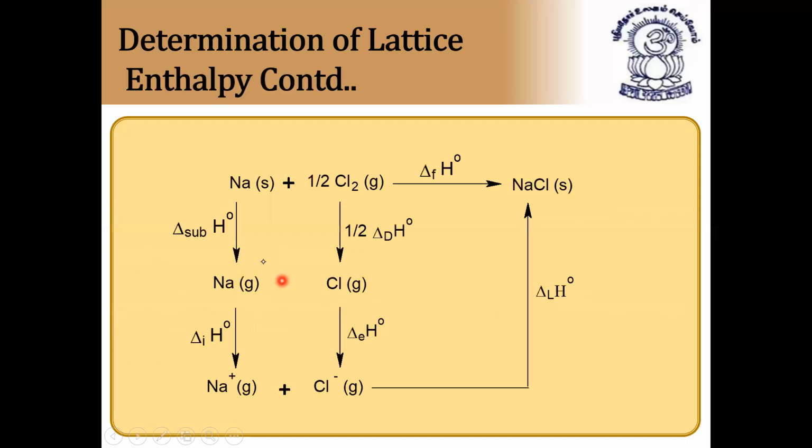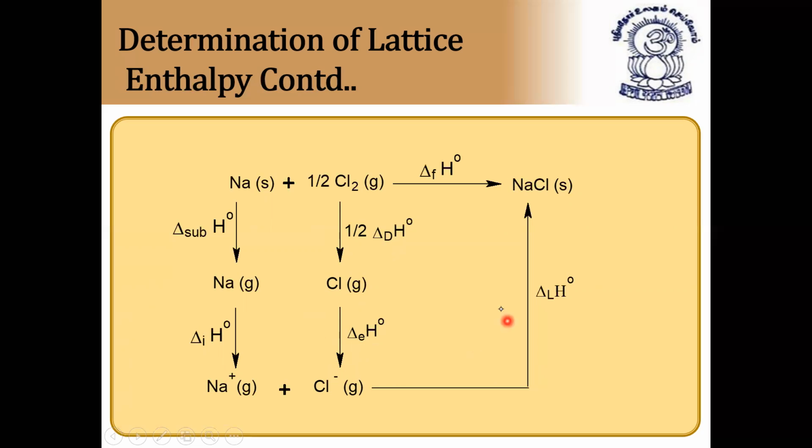So we can take the addition of all these processes: delta H of sublimation plus delta H of ionization plus delta H of bond dissociation plus delta H of electron gain enthalpy.